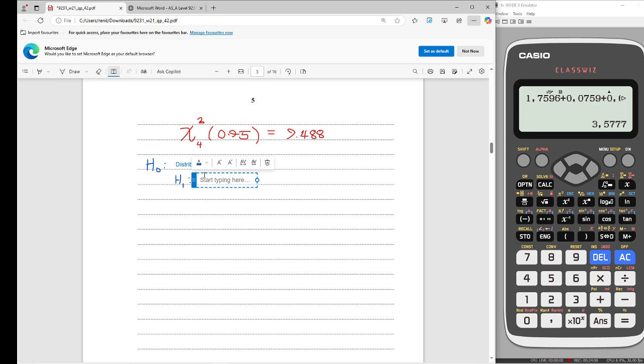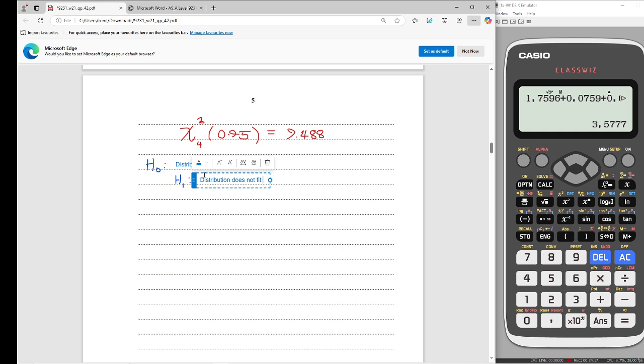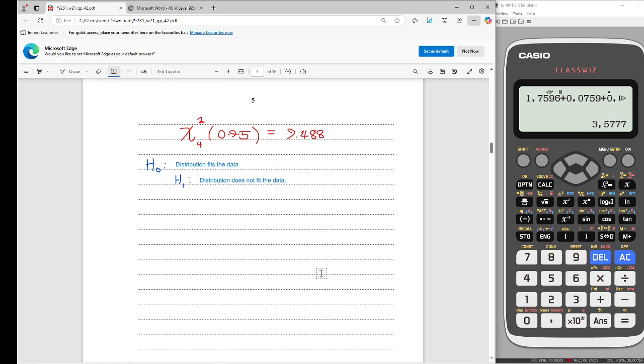The other one would state that the distribution does not fit the data, and that's pretty much it. That's the stating of our hypothesis.